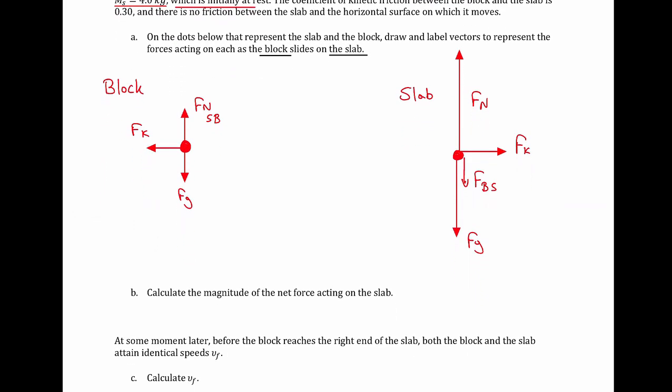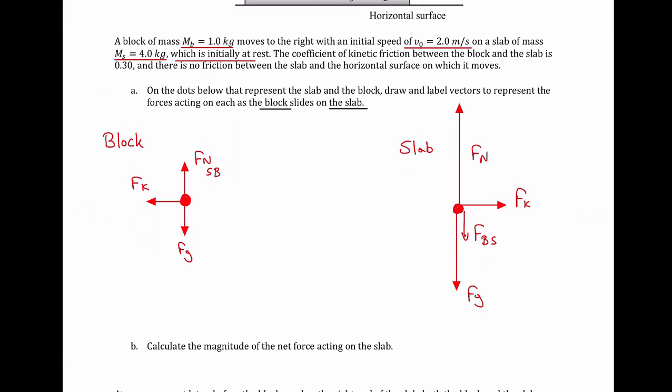So this is the free body diagram for both objects. We can continue to calculate the net force acting on the slab. Now the net force in reality is the force of friction. So we will work out the force of friction on the block. For the block, the force of friction is equal to mu multiplied by the normal.